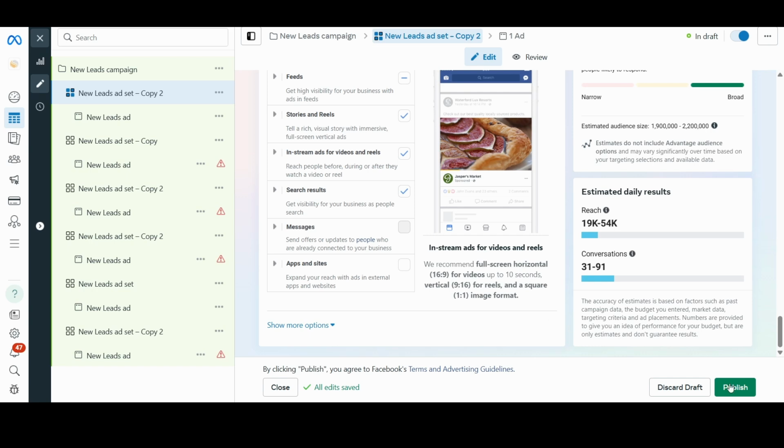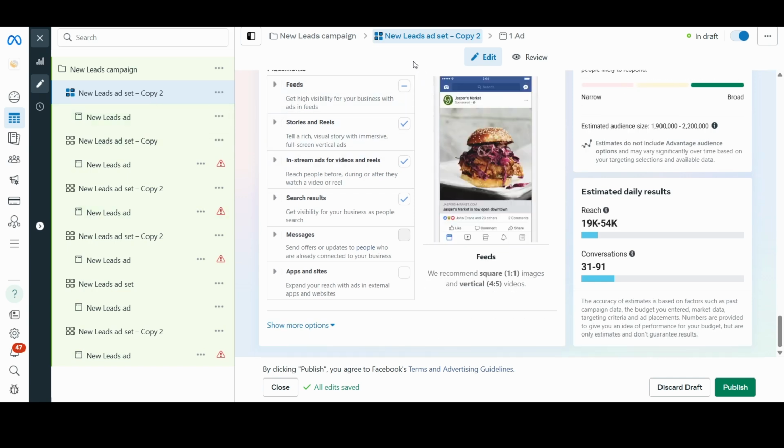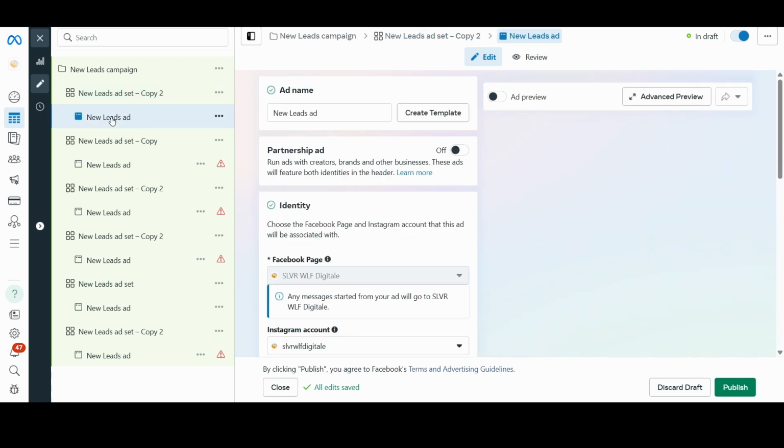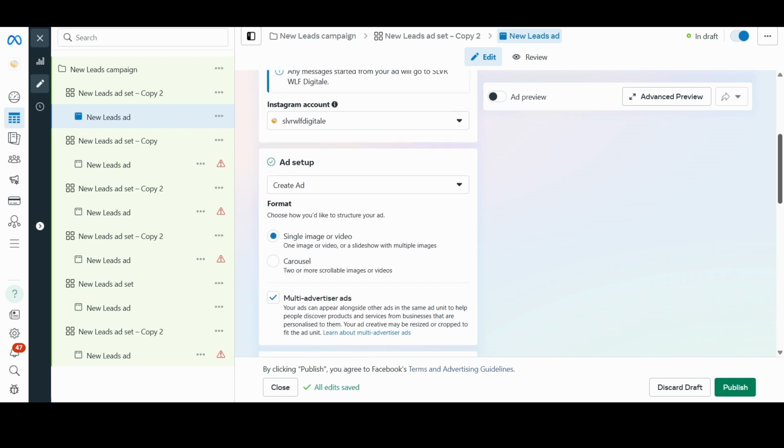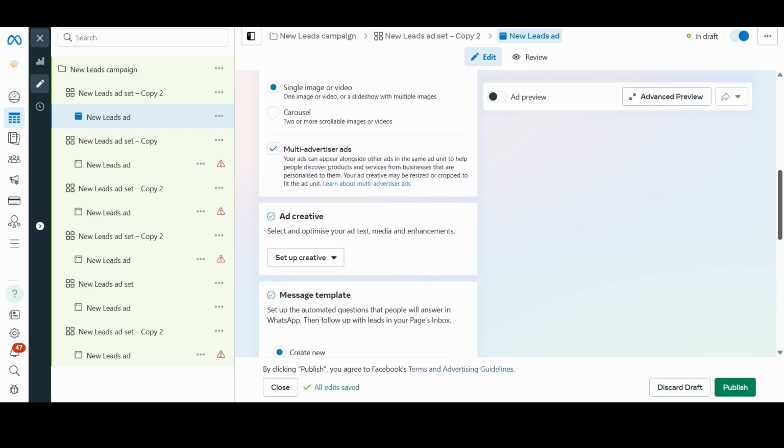Right. So now we move from this ad set level to the ad. And this is where 70% of your conversion is at this level. It is your creative. So you set up a creative. At this point, you are either using an image or a video.